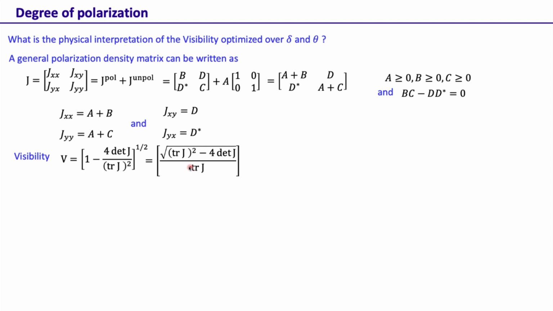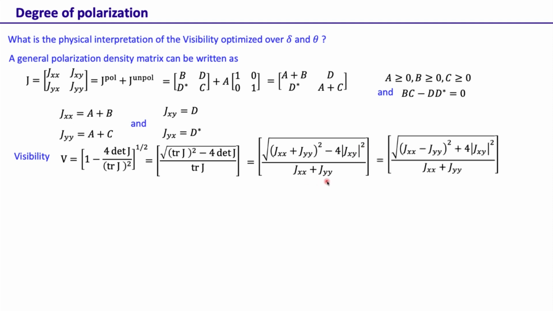Just rewriting it as the square root of trace J square minus 4 determinant J, over trace J. This we can then write as the square root of Jxx plus Jyy whole square minus 4 Jxy square, over Jxx plus Jyy. Simple math. This Jxx plus Jyy whole square, we can just open up and write as Jxx minus Jyy square, and then this becomes plus 4 Jxy square.